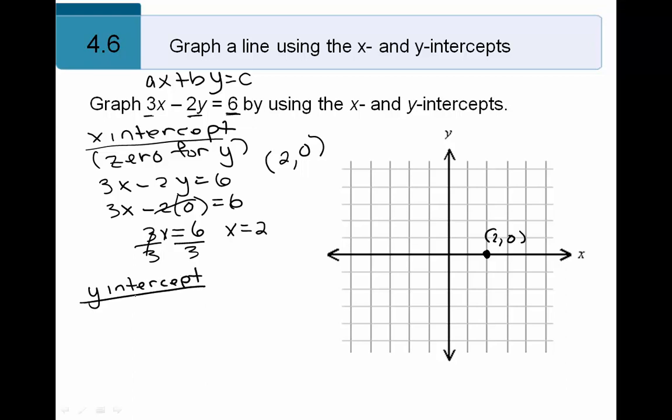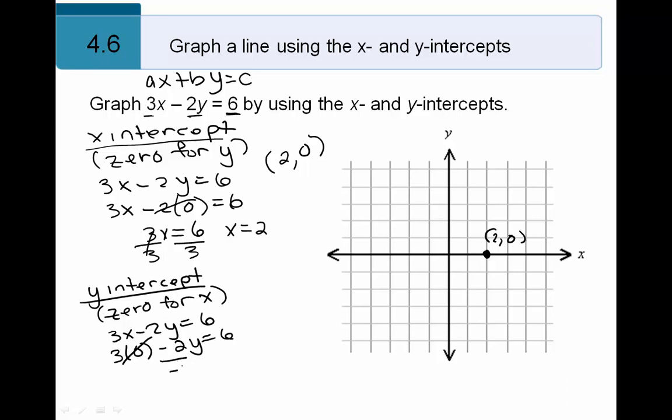So now we will plug in 0 for x. Using the same equation, 3x minus 2y equals 6, I'm going to have 3 times 0 minus 2y equals 6. 3 times 0 is 0. So I'm left with negative 2y equals 6.